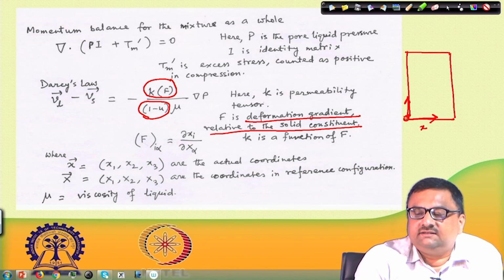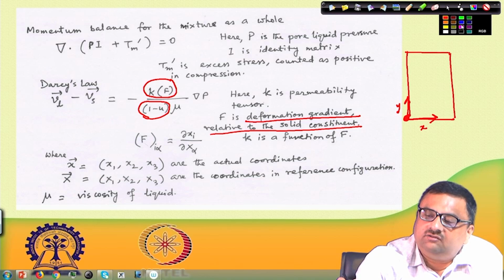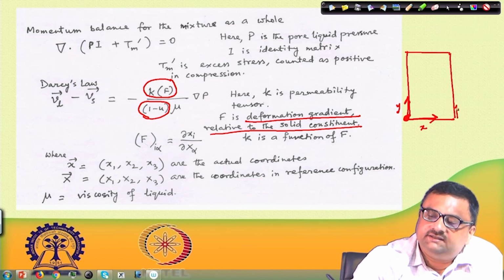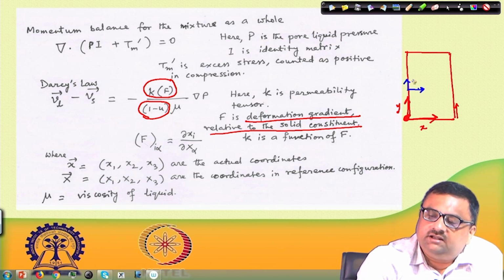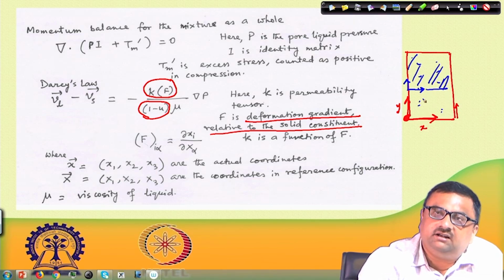So, this is x, this is y, and let us say this whole thing is changing now, and so this whole thing is getting compressed in this direction. So, then this becomes the new coordinate here, because the porous medium which was originally this much, this is the porous medium. Now, this is the porous medium. So, this is being compressed by up to this level.